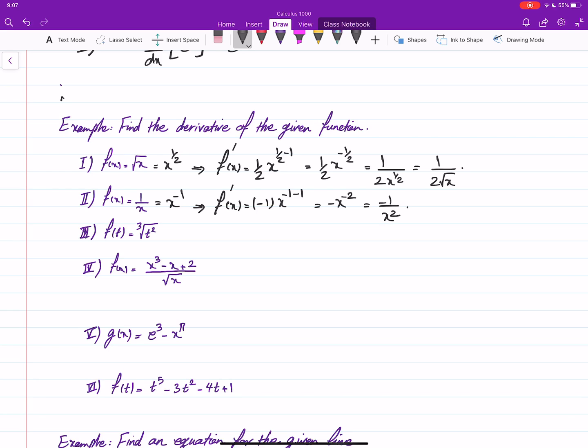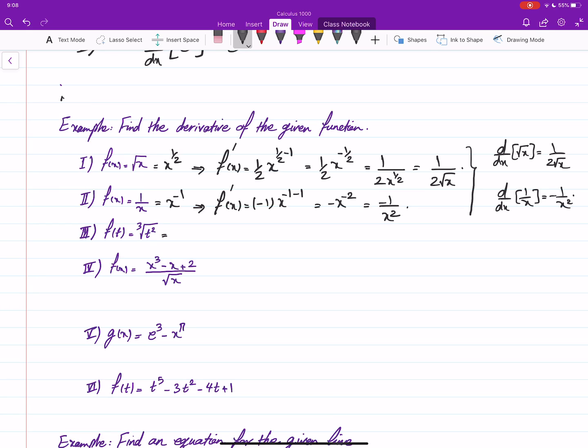These two you can keep in mind as rules of different things, which will help you to do differentiations quicker. The derivative of root x is 1 over 2 root x, and the derivative of 1 over x is negative 1 over x squared.